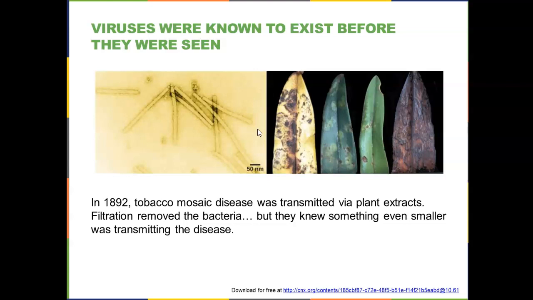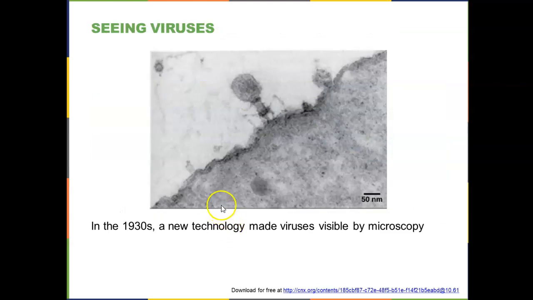The material, something got through the pores that were too small for even a bacterial cell, to reinfect new leaves and transmit what we these days call the tobacco mosaic virus. At the time it was called tobacco mosaic disease. And it could be transmitted by liquid from one plant to another. And it turns out that something much smaller was the causative agent. We now know that that's the tobacco mosaic virus.